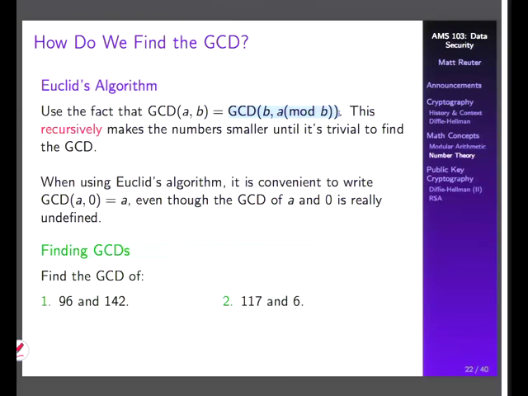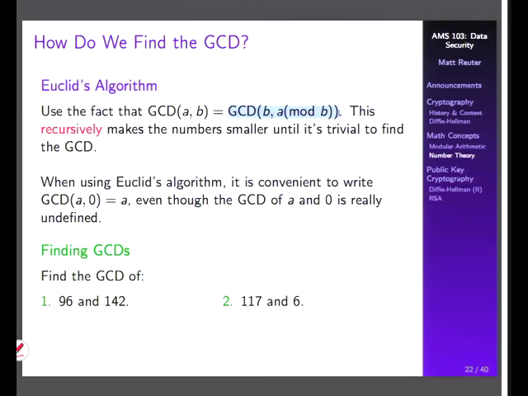So b stays the same, but what's the biggest value a mod b can have? It'd be b minus 1. And so we can make these numbers smaller and smaller as we iteratively or recursively do this, to the point that ultimately something looks trivial.